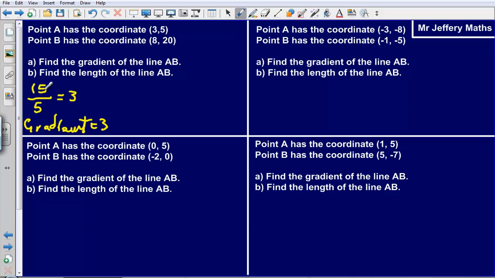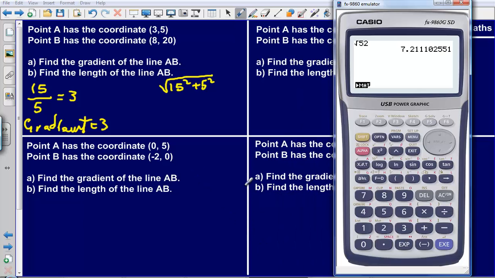So again, just think about that. We've gone up by 15 in the time that we've gone 5 along. So that means that each one that we are moving along is going to be 3. Now the length of the line AB, well, that's just going to be the square root of 15 squared plus 5 squared. And so then we can just plug that into our calculator.